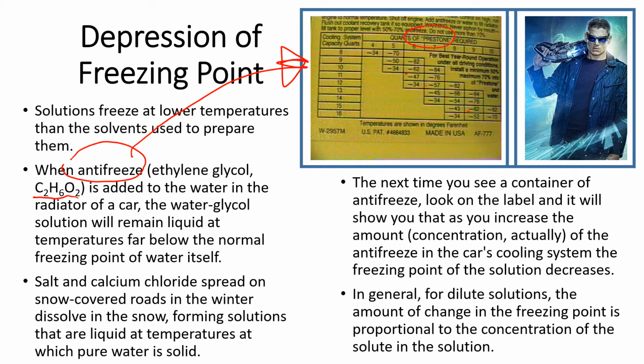Another example of decreasing the freezing point is salt, calcium chloride, when they put that on the roads. When it's iced or snowed over, the solution it makes will make the ice liquid, if you will. So it's not really melting per se. It's more like it is decreasing its freezing point.